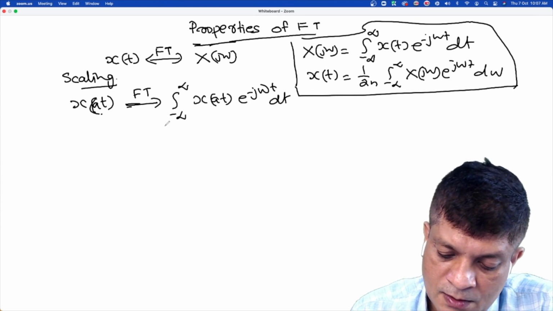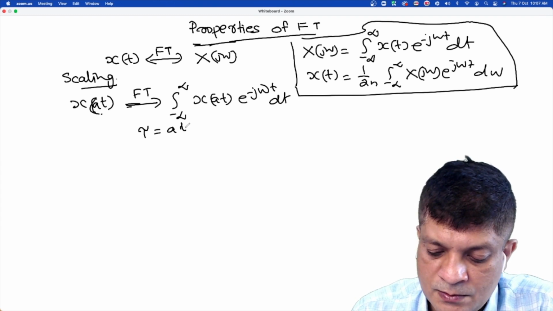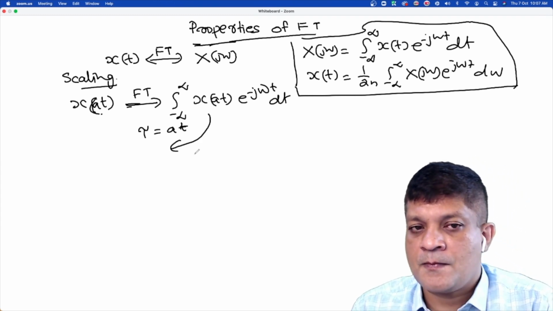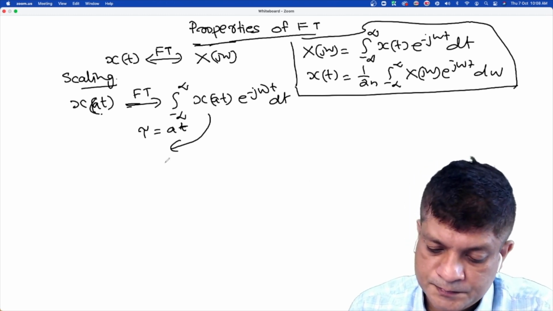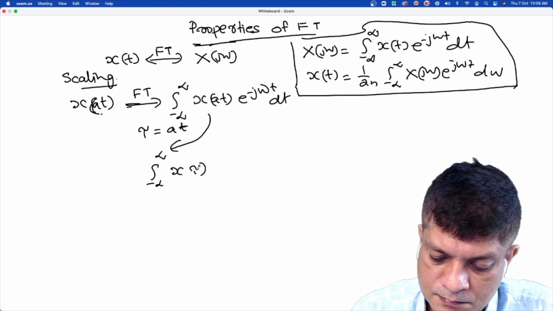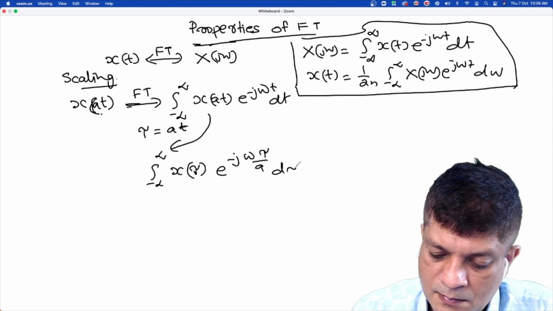If I substitute the variable, let's say tau is equal to at, then what about this integral?